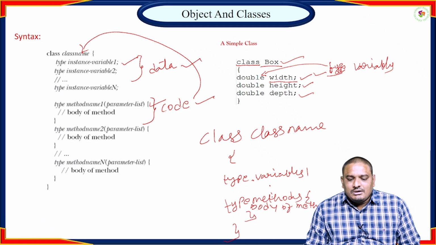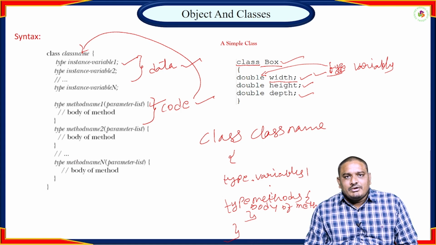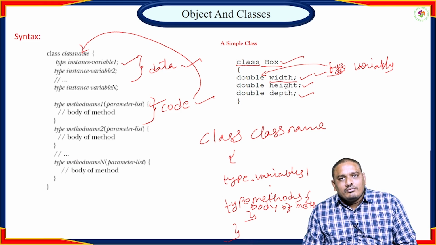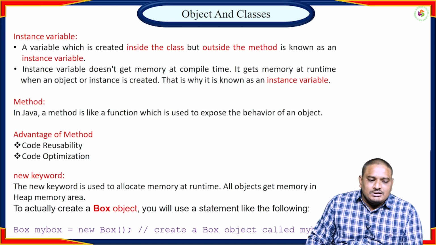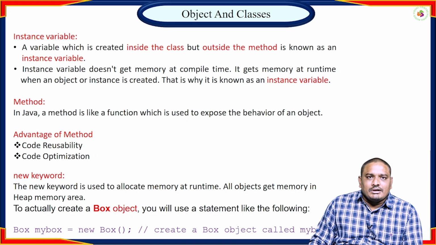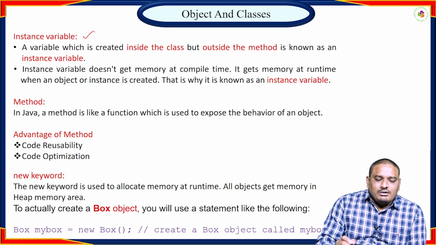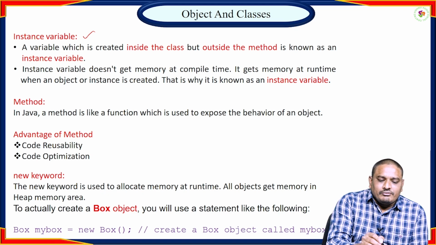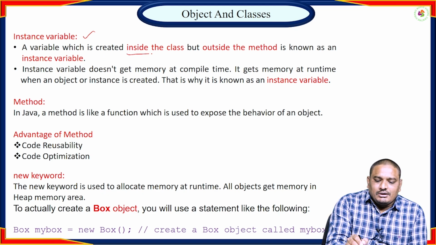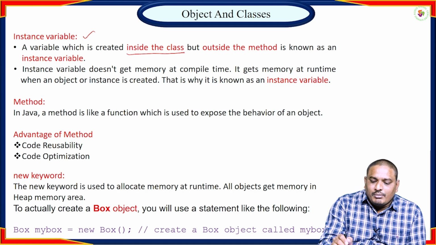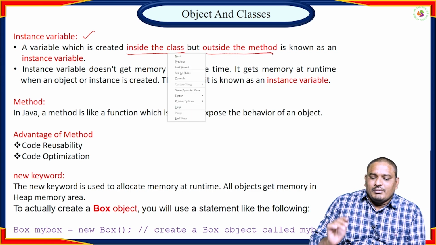Variables can be declared either inside or outside a method. First, let us see the variables. In the class, we are declaring instance variables. What do you mean by an instance variable? A variable which is created inside the class but outside the method.